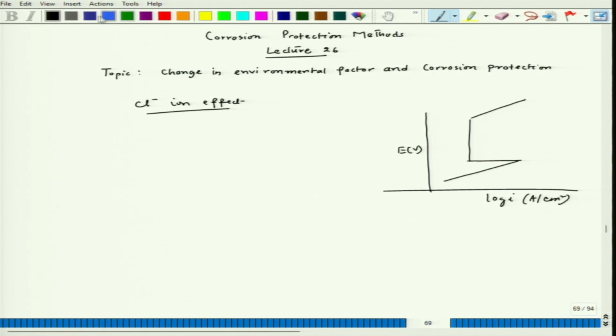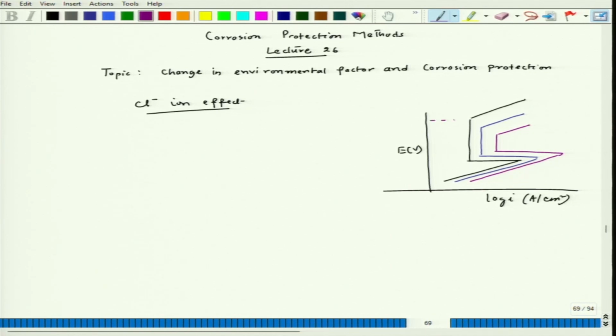So, what will be the influence of the concentration of chloride ion? As we increase the chloride ion concentration, okay.